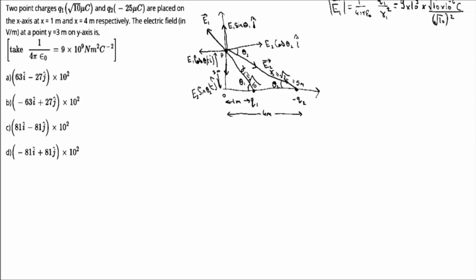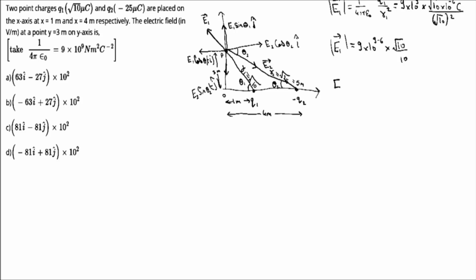On solving we get 9 into 10 to the power 9 minus 6 into under root 10 divided by 10. This is the value of E1 in magnitude only.